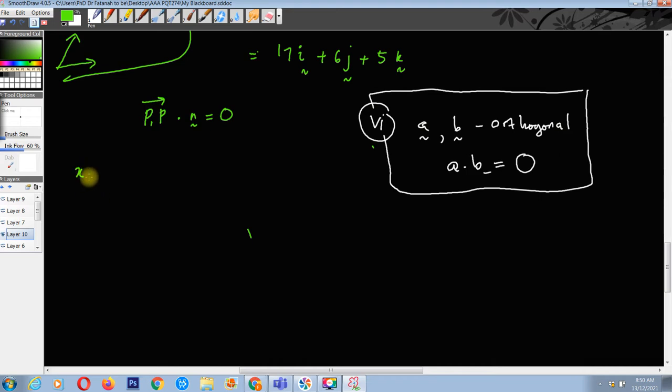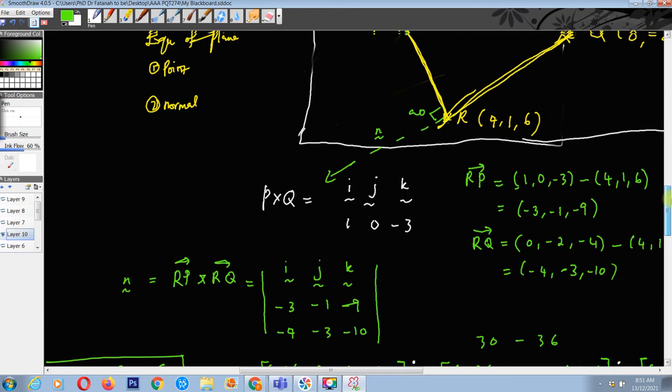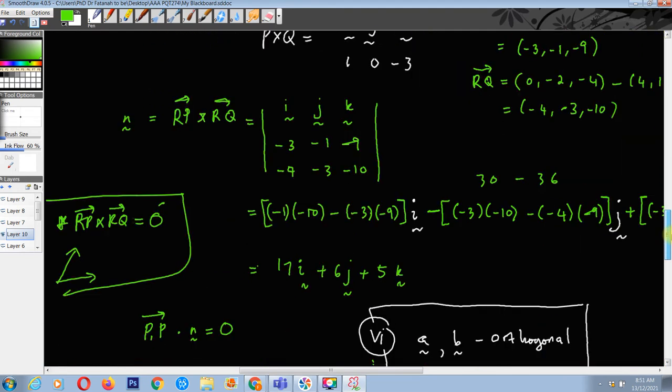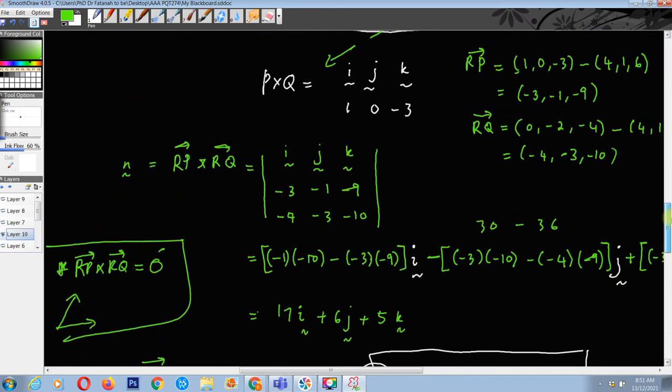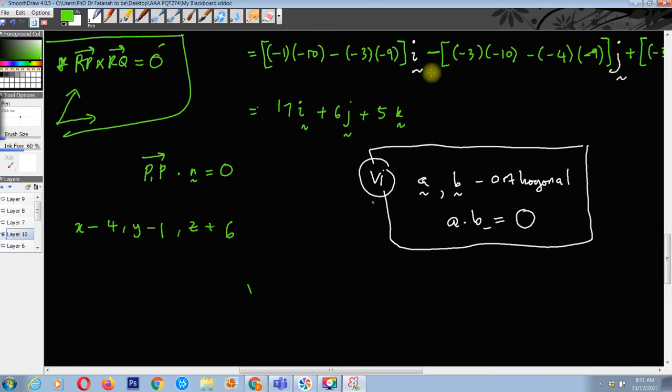So x minus 4, y minus 6, z plus 1, right? 4, 1, 6. Y is not negative, so this will be negative, minus.